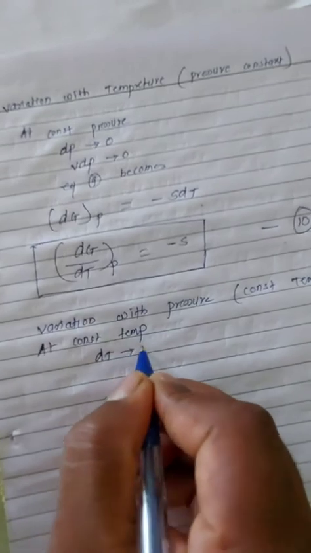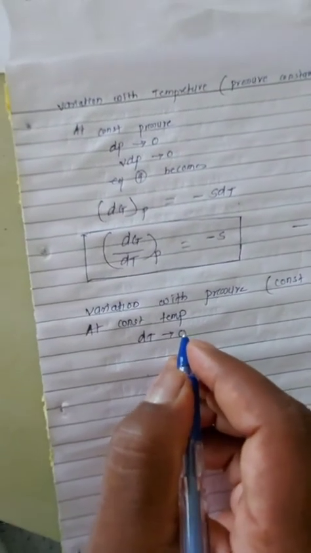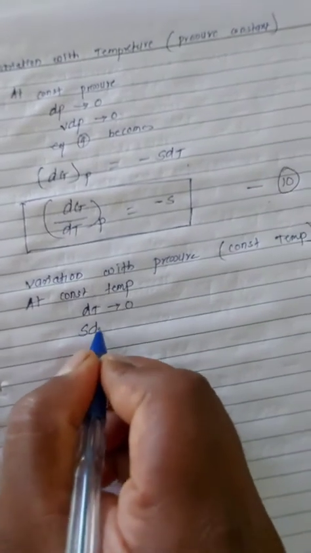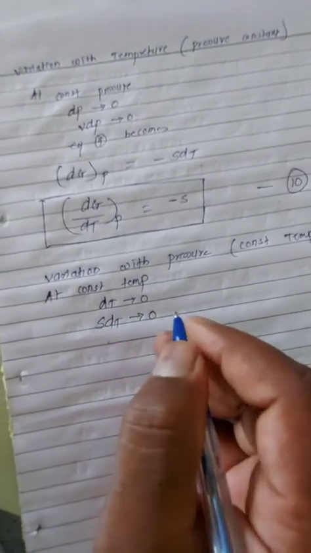When temperature is constant, dT tends to 0, that is S dT tends to 0.